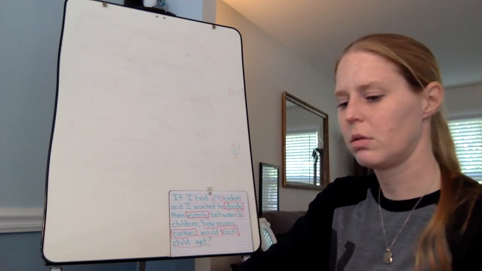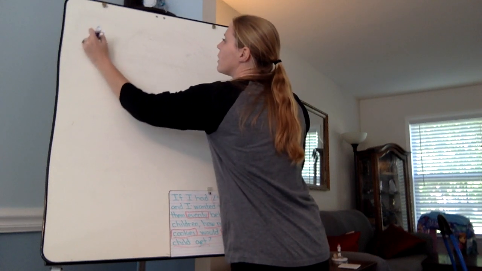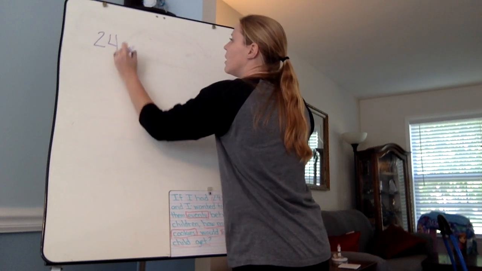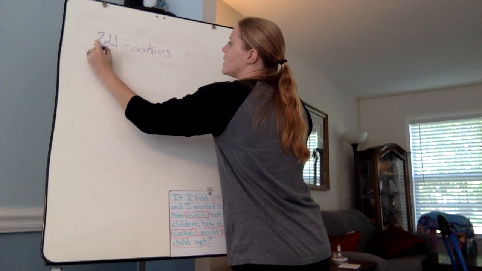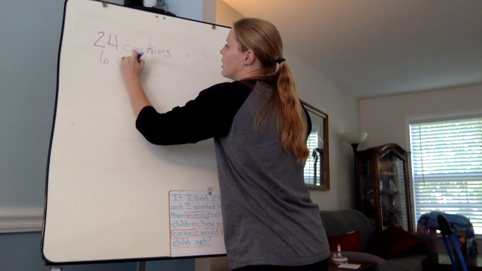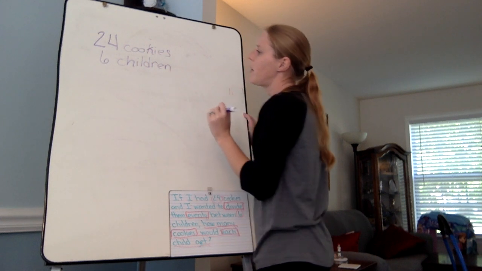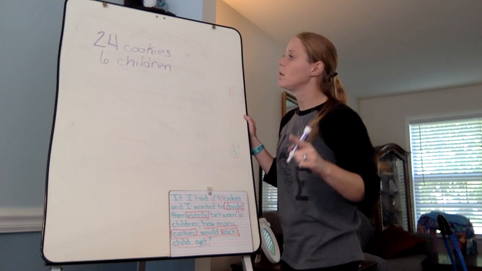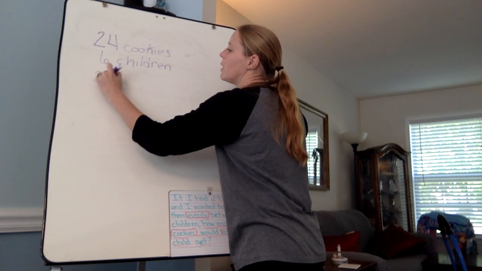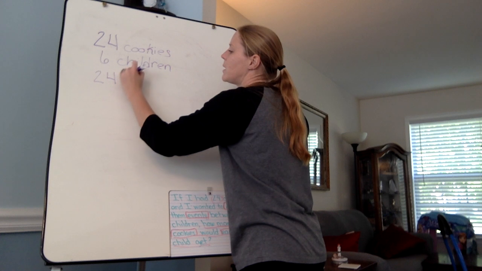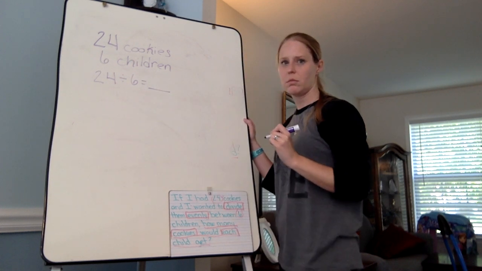Switch colors. So I know I have 24 cookies. Six children. We want to find out how many go with each kid. So this is going to be a division problem that looks like this. 24 divided by 6 equals an unknown.